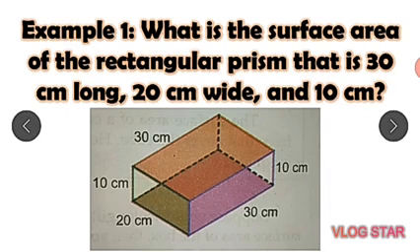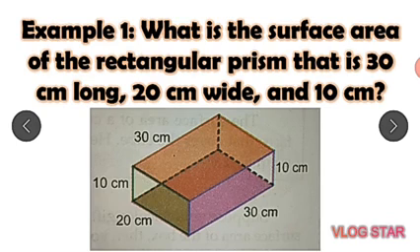So now let's proceed to the first example. What is the surface area of a rectangular prism that is 30 centimeters long, 20 centimeters wide, and 10 centimeters high? We will use those given.